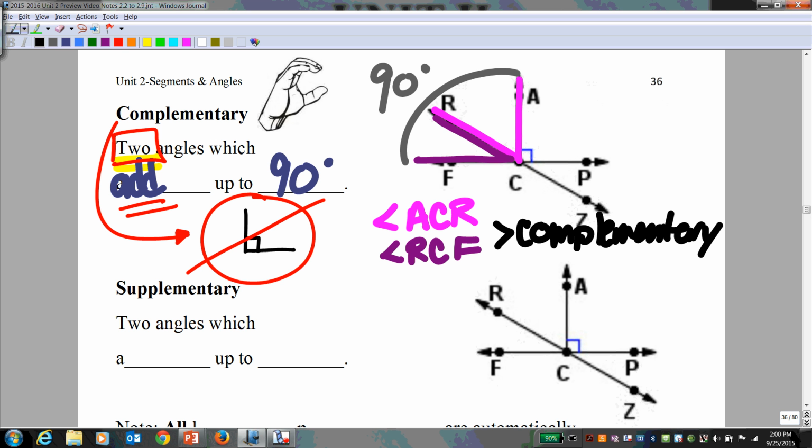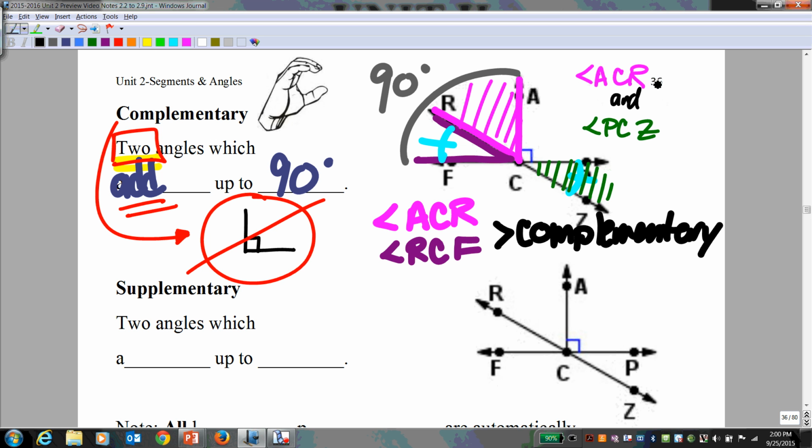Now they don't have to be touching, because technically, since these are bow tie angles right here, sweep them, hatch them, we could also say that angle ACR, that's the pink angle, and this angle right here, because it's equal, that's PCZ, are complementary together.